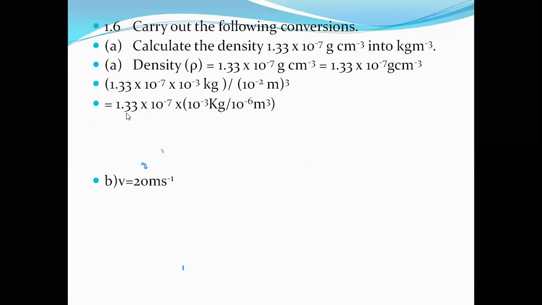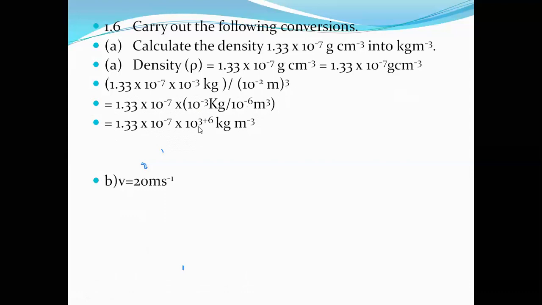So it will be 1.33 into 10 to the power minus 7 into 10 to the power minus 3 kilograms per 10 to the power minus 6 meter cube, because we multiply this 3 by this minus 2. We will get 1.33 into 10 to the power minus 7 into 10 to the power minus 3 plus 6, because when this 6 moves up, the negative sign is converted into positive.